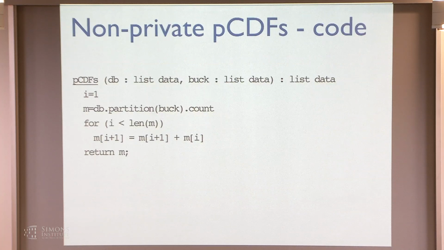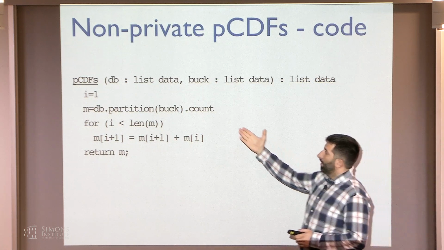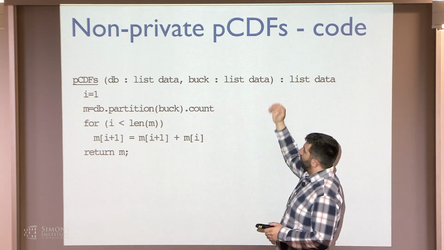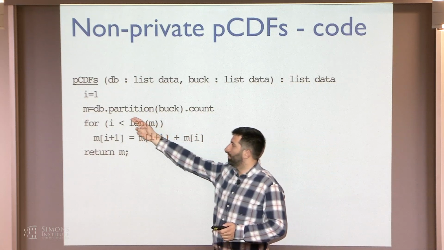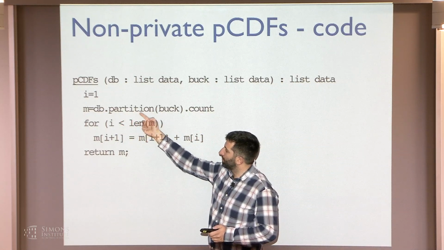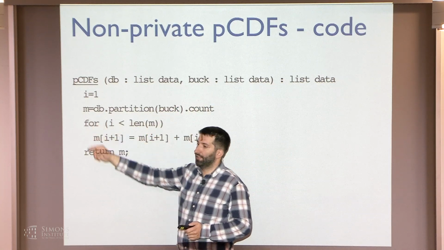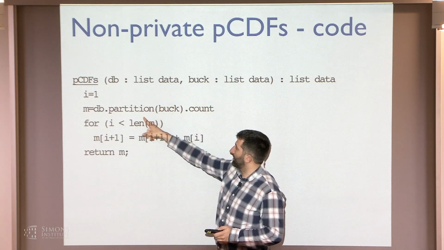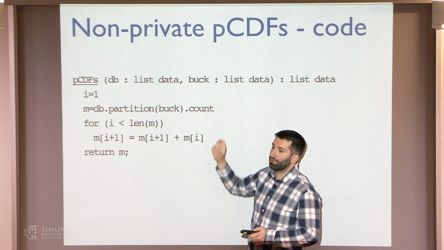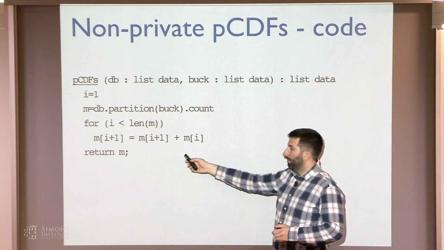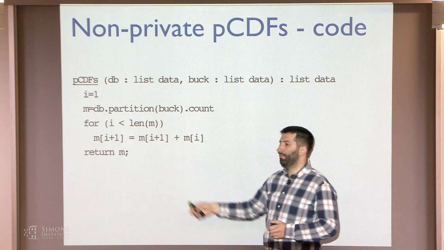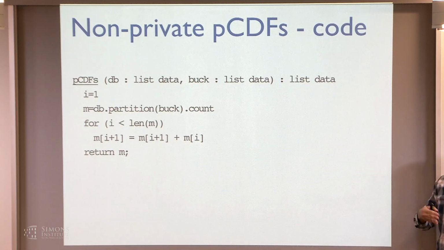Okay. So how can we do this? We can do this, for instance, by this program, which has the same input and output as before, but now what we do before our for loop is to partition our data set, and now we assume that M is already the partitioned data set where we also do the count, and then for each element we sum, as I was saying before, the previous element plus the additional count.